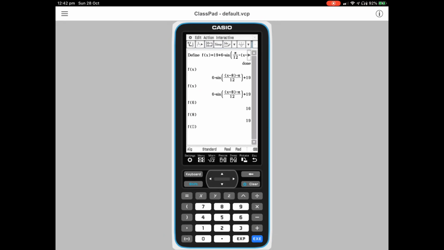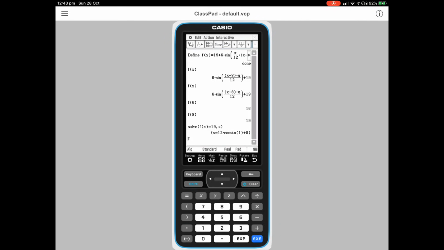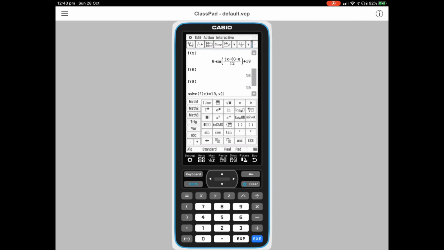F of x, interactive, advanced, solve, is equal to 19. And then we put given 0 is less than or equal to x, which is less than or equal to 24. So 8 to 20.